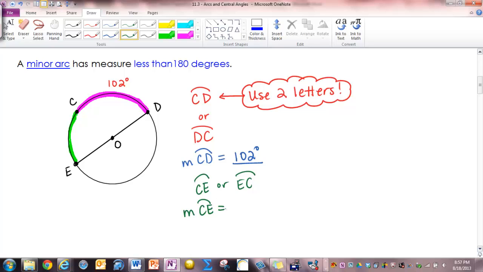In order to figure it out, I'm going to take 180, which is the semicircle, minus 102, and that gives me 78 degrees. Again, I found that by taking 180, the measure of a semicircle, minus the measure of arc CD, which is 102 degrees, and that gives me 78 degrees, which is the measure of arc CE.